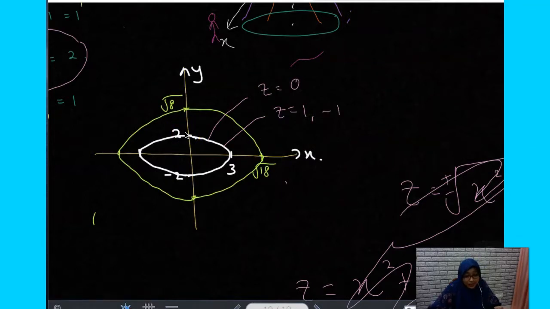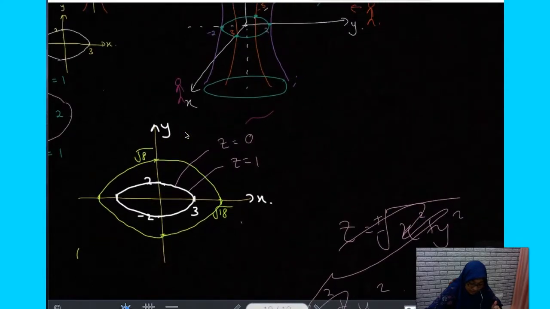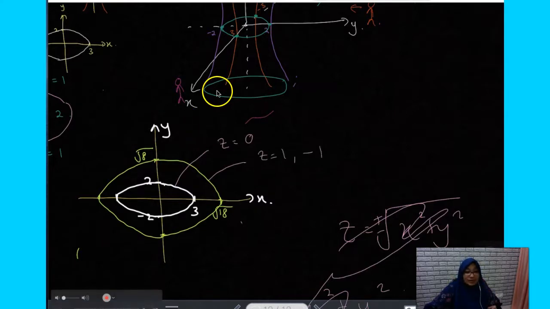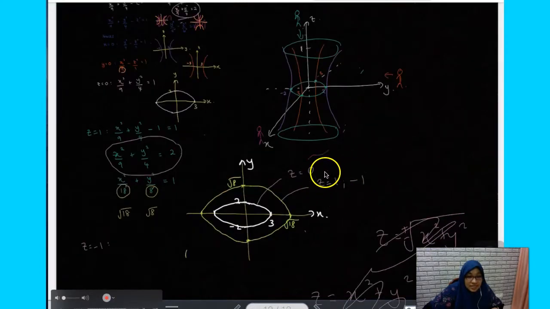Sorry, wrong ellipse, it should be the larger ellipse. Sorry, I labeled the wrong ellipse. So this one is z equal to 1 and also minus 1. What actually happens here? At the height of z equal to 1 and z equal to minus 1 down here, the shape of them is the same.